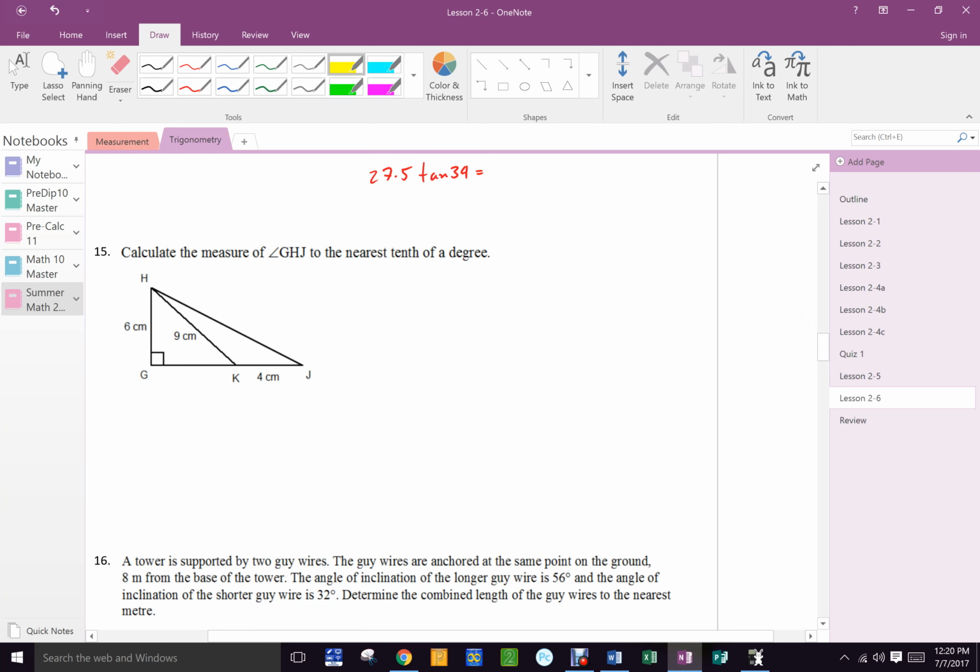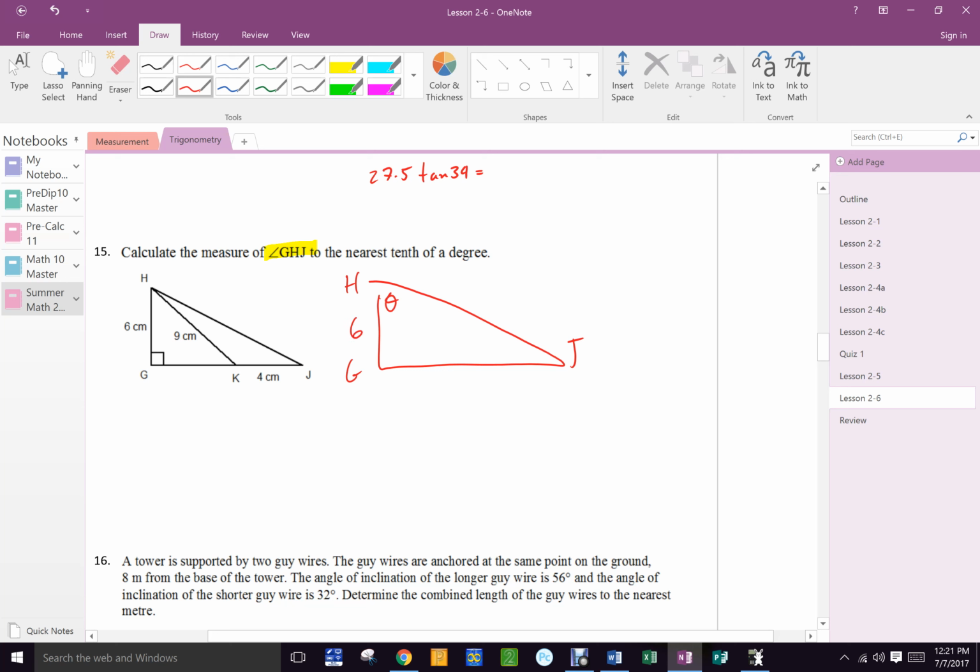This question, a lot of people don't know how to read that. What does that mean? It means G to H to J. You need this whole angle here. Okay? So to do that, you have this triangle, which is GHJ, and you need that theta.